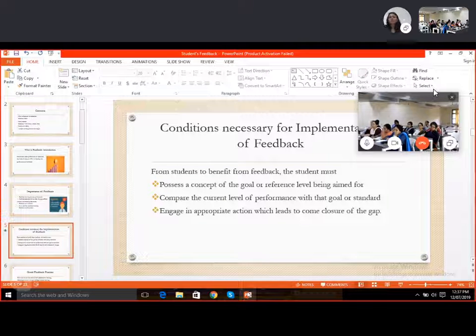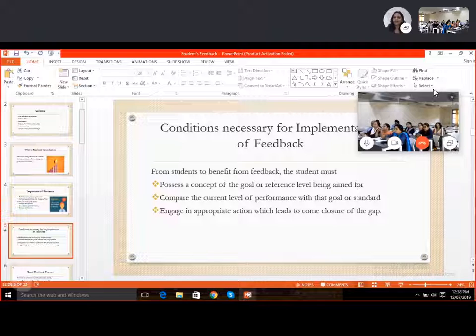The conditions necessary for the implementation of feedback are: for students to benefit from the feedback, students must possess a concept of the goal or reference level being aimed for. I am going to tell about feedback that is academic and administrative. The academic and administrative parts come under direct attainment, and indirect attainment covers the alumni and employer survey, then the student exit survey, everything.